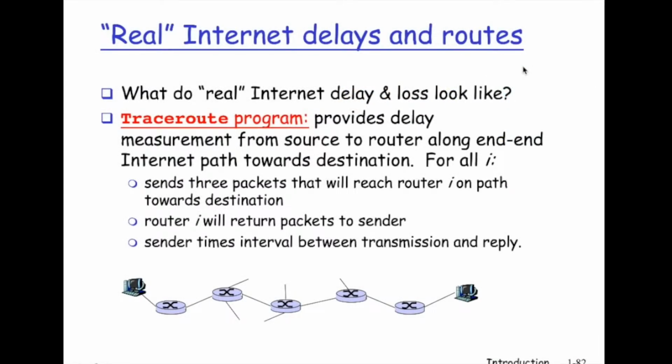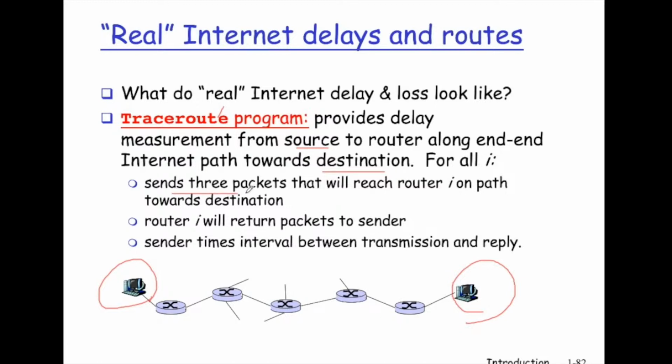All right. So that was the theory part of the packet delay. One can also find out what is the real internet packet delay by trying out this program, traceroute. Okay. What it does is to measure delay from a source one hop at a time, all the way to a destination. So this is what I'm drawing here. Source to destination.